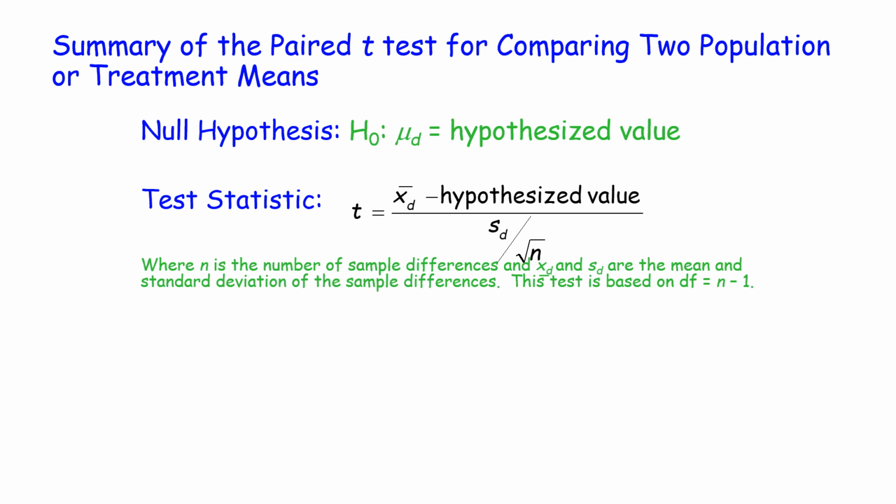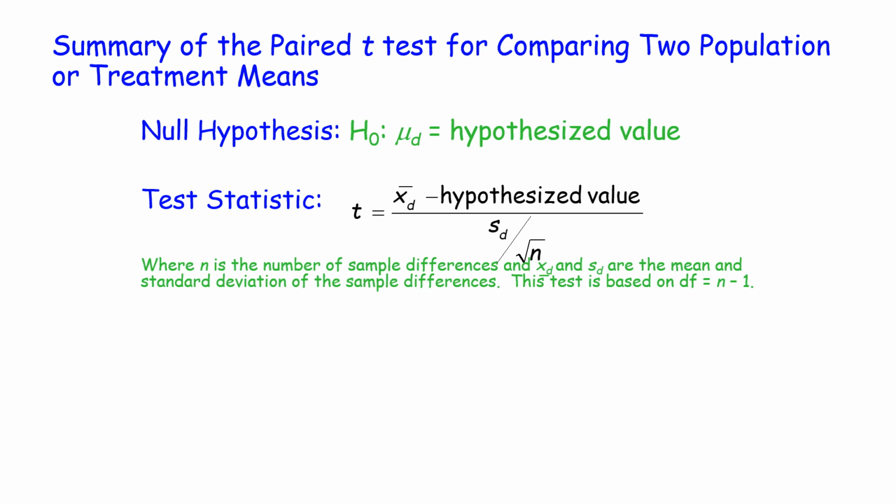Our test statistic is t equals x bar sub d minus our hypothesized value, divided by the standard deviation of our sample s sub d divided by the square root of n. So again, n is the number of sample differences, and x bar sub d and s sub d are the mean and standard deviation of the sample differences. This test is based on degrees of freedom of n minus 1.